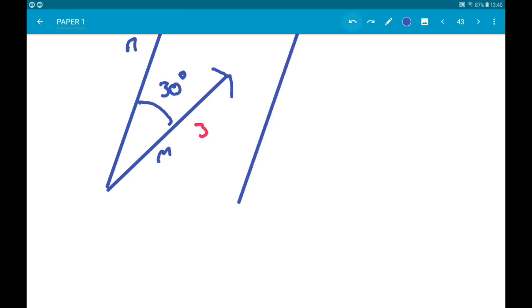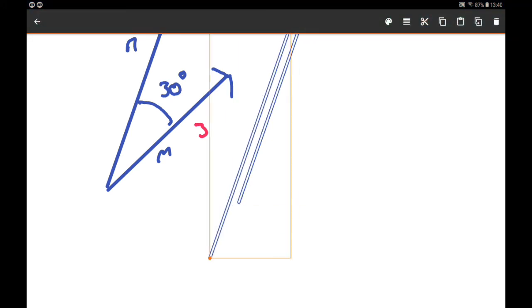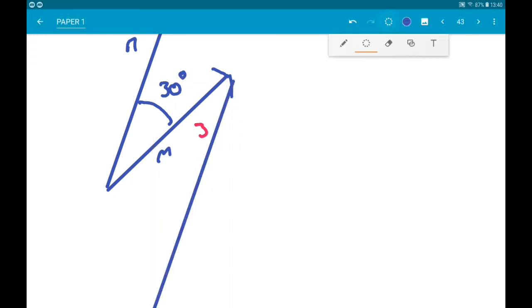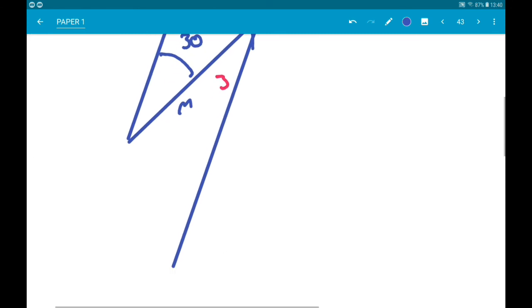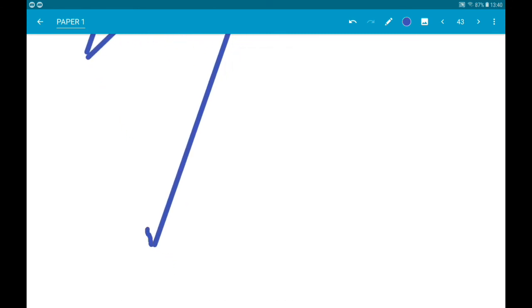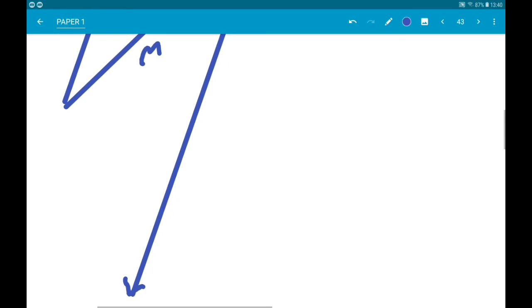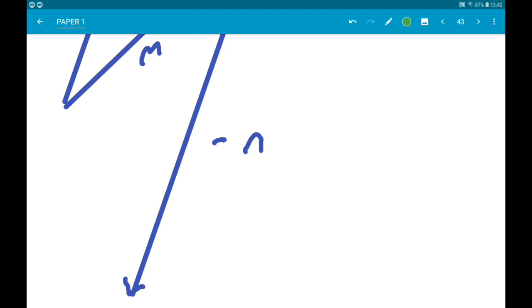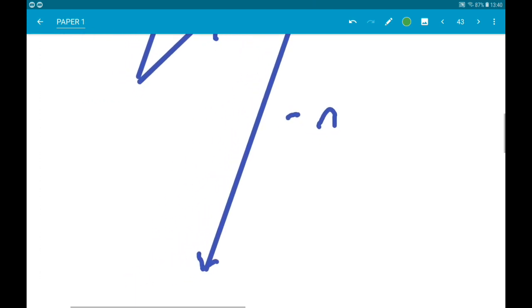So I plonk this there, and then stick an arrow there, and then this vector is minus n. Now, vector m minus n is then that vector.